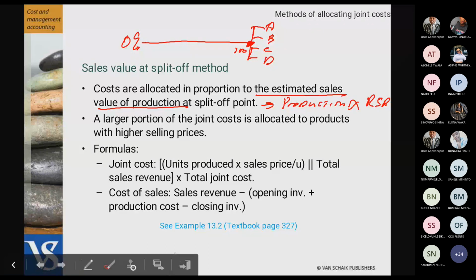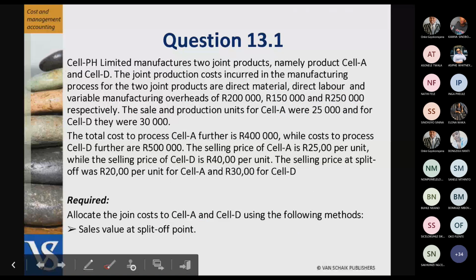For our case, we go back to the question of Cell PH Limited, which manufactures two joint products, cell A and cell D. Now in the requirement, we are going to allocate the joint cost to cell A and cell D using the sales value at split-off point. We're no longer using the physical units.